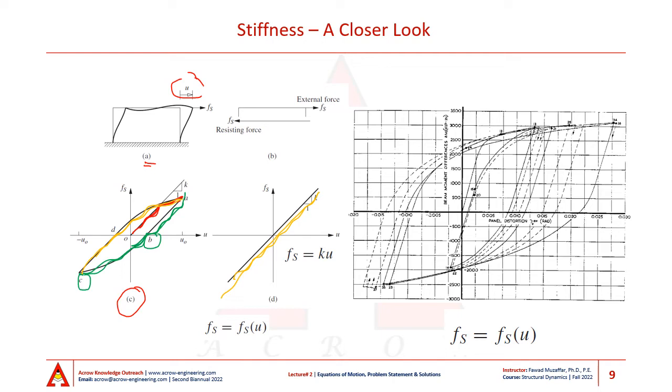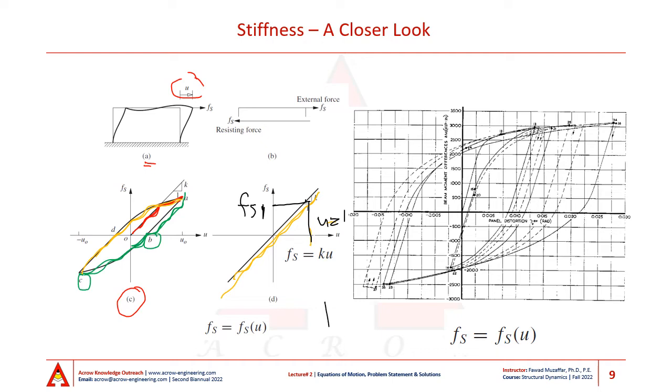stiffness is nothing but the force required to cause unit deformation. So, if I have a lateral deformation value of u equal to 1, what I'll do is I'll go and intercept this force deformation curve and simply get the value of force at this u equal to 1.